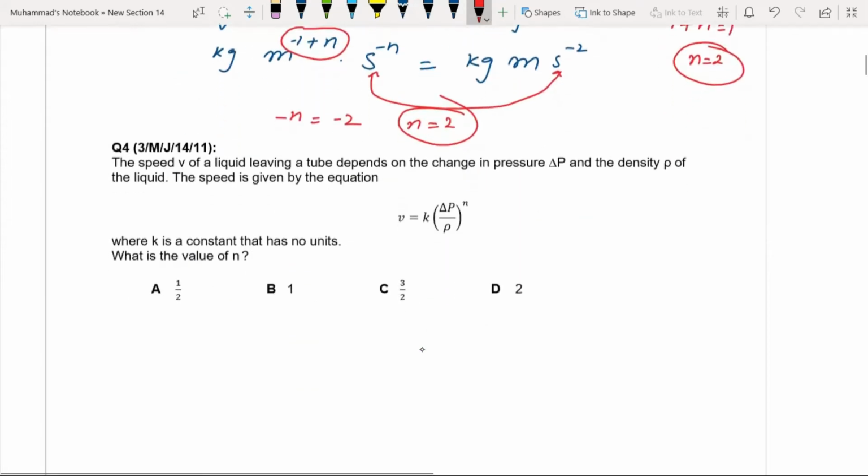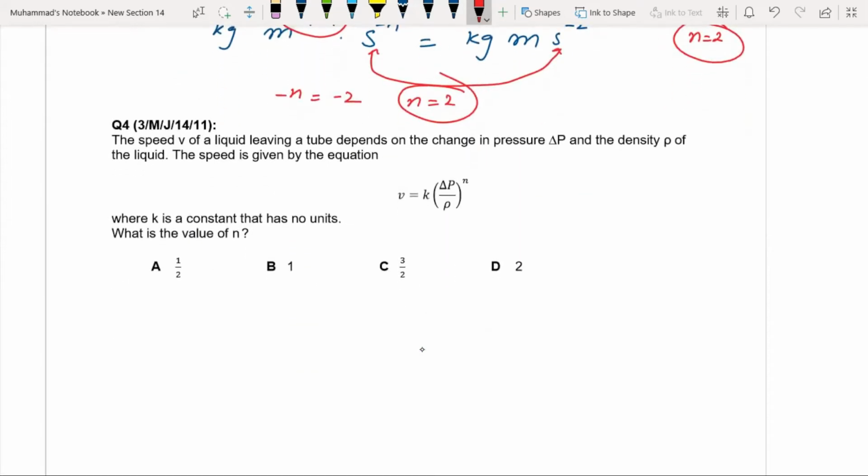Okay, question 4. The speed v of liquid leaving a tube depends on the change in pressure delta P and density rho. The speed v is given by this expression where k is a constant that has no unit.